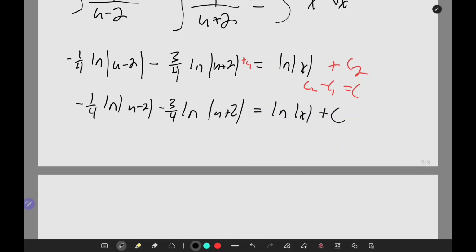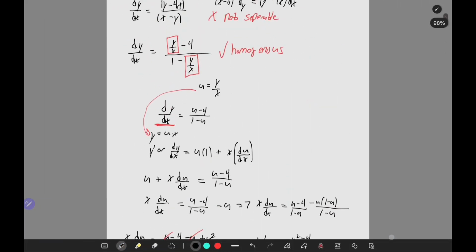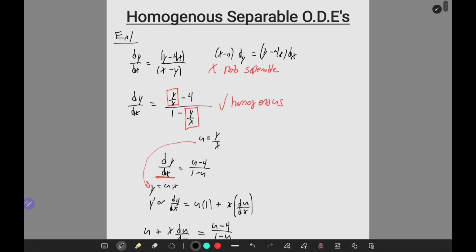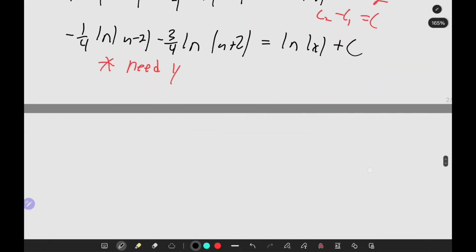Well, no, it's not actually, because you notice that we have u and x. We need y. Right? Now if I scroll back up and we look back at what we made our u, it is y over x, right? That's how it is for every homogeneous equation. U is always y over x.